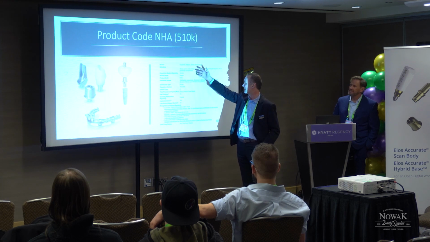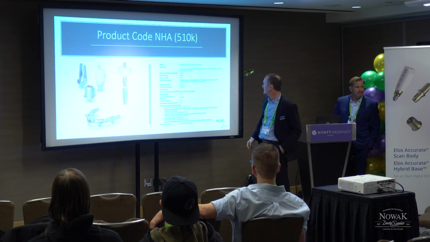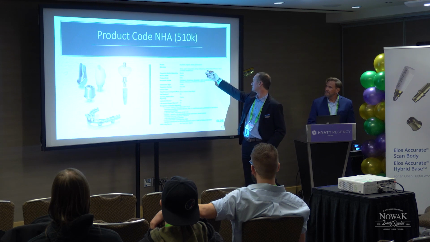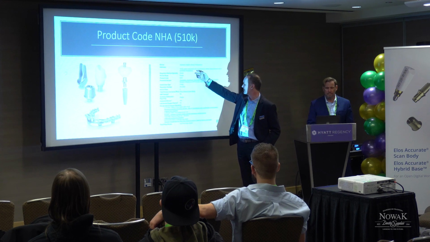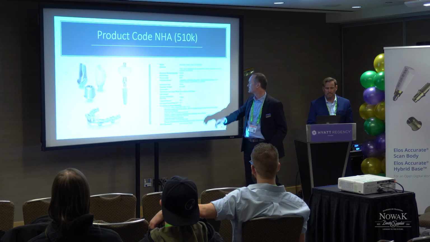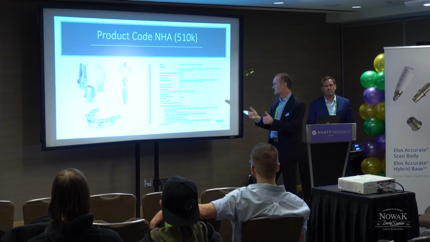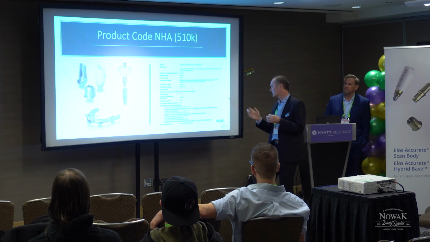It's for abutments and implants, and it's to be used in conjunction with endosseous dental implant fixtures to aid in prosthetic rehabilitation. So this is really the product code that FDA is using for anything type A's or custom abutments, done not only by CAD/CAM, but everything that goes into this.